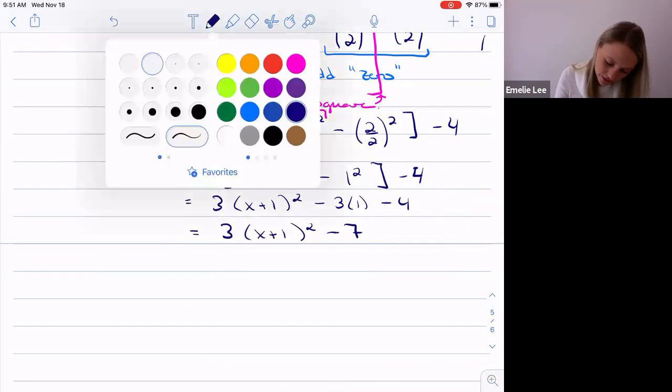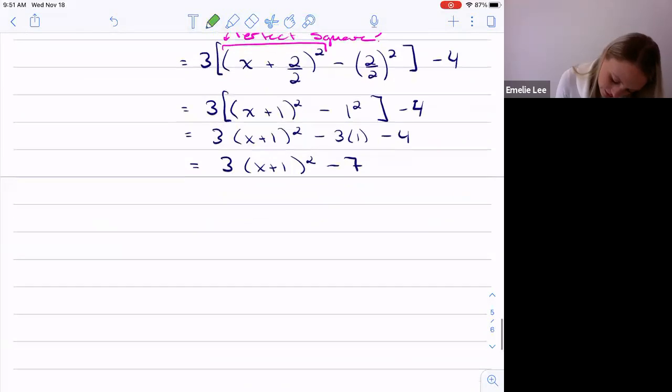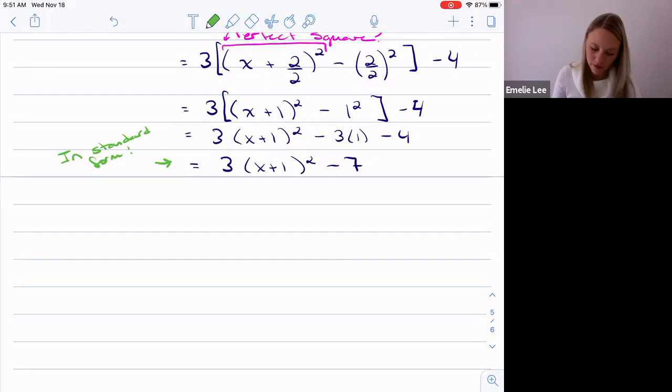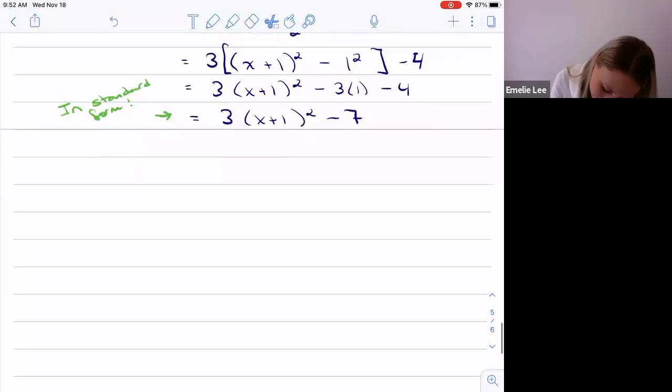Nice. So this now, this is in standard form. Woohoo! Right? A times x minus h squared plus k, right? So here, what we need to be careful with is that h is -1 and k is -7. And I'll scoot this over.